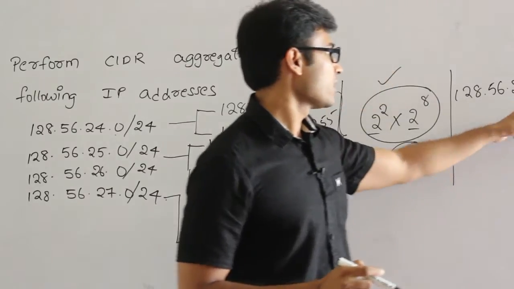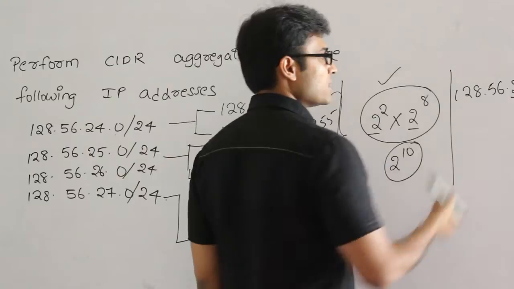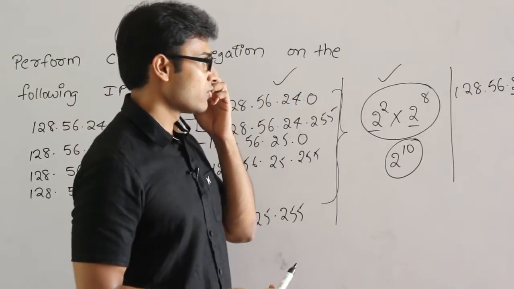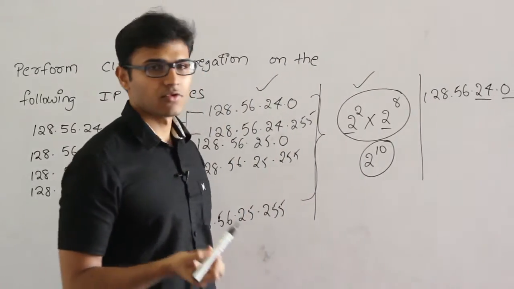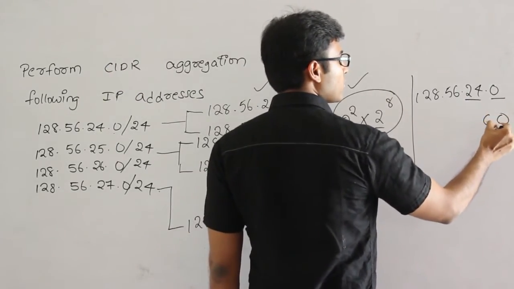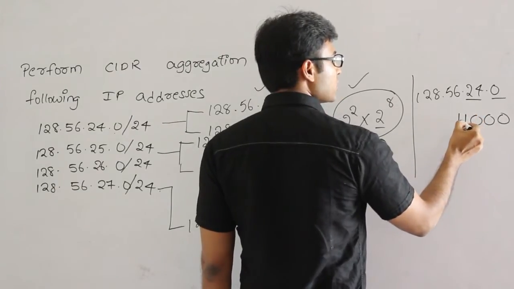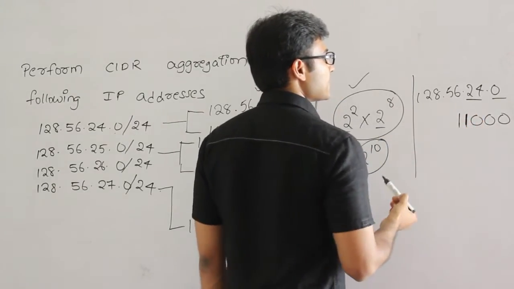So how many bits are there? In the last octet 8 bits are there, and in the previous one the next 2 bits will be there. I want to convert 24 to binary. So what is 24? 16 plus 8. So 2 power 0, 2 power 1, 2 power 2, 2 power 3, 2 power 4. This is 24, isn't it?